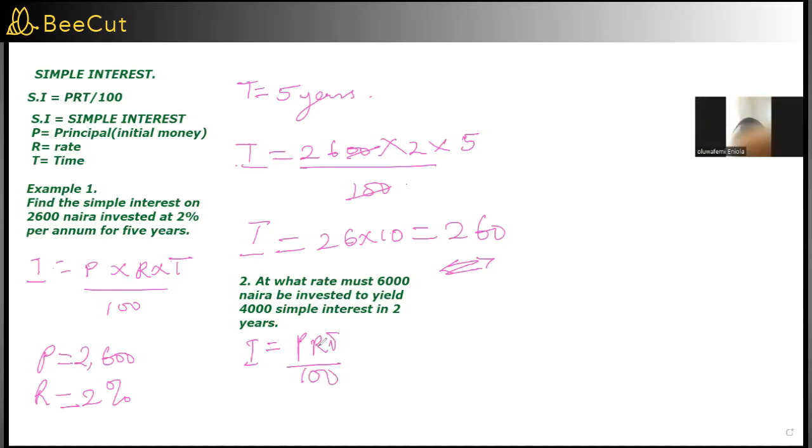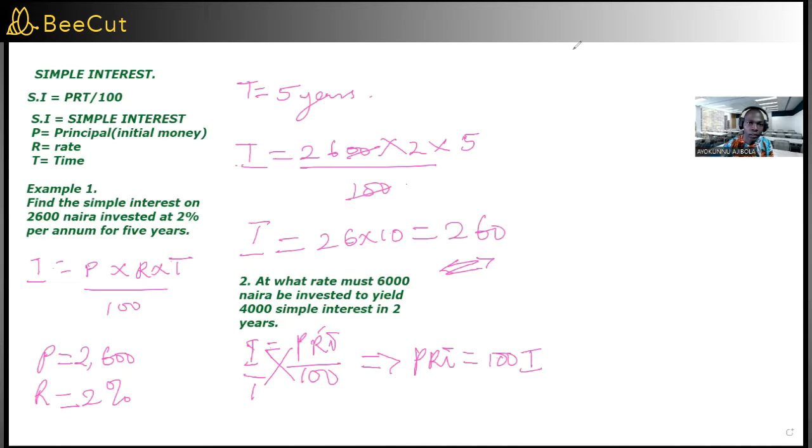But here I'm looking for rate, so I'm going to cross multiply. I have 100I, and 1 times PRT gives me PRT. So PRT equals 100I.